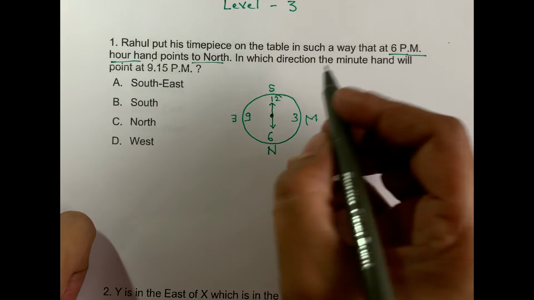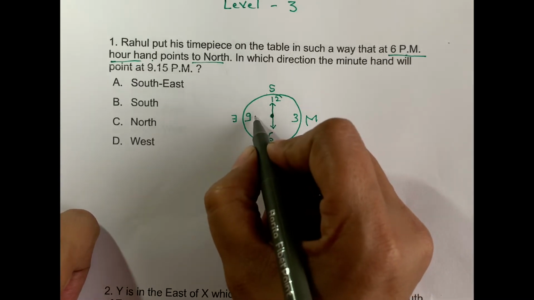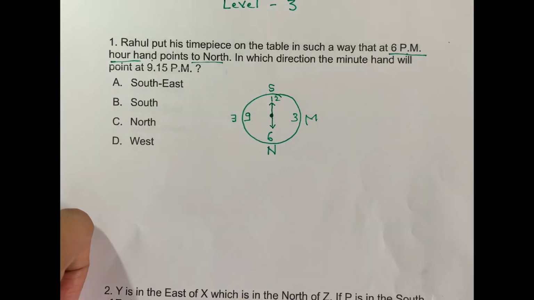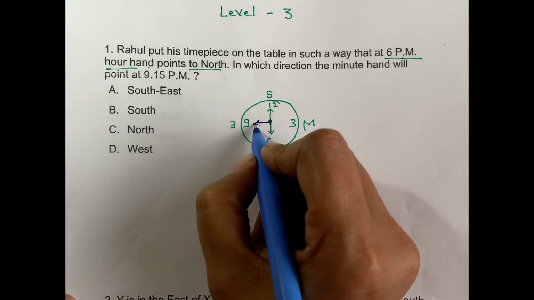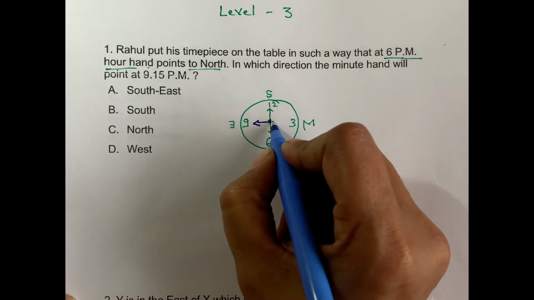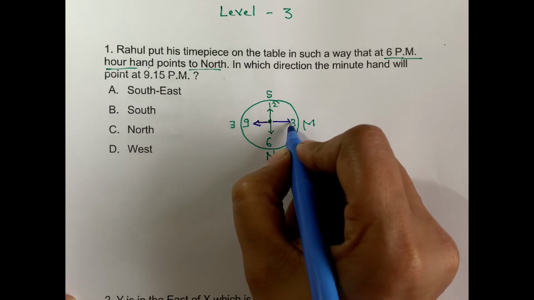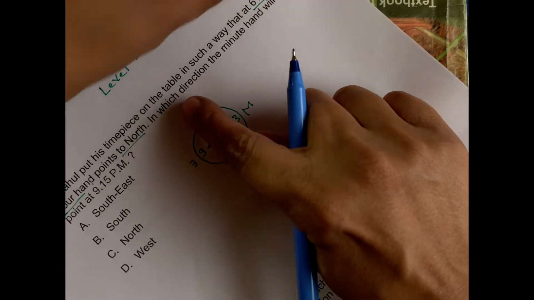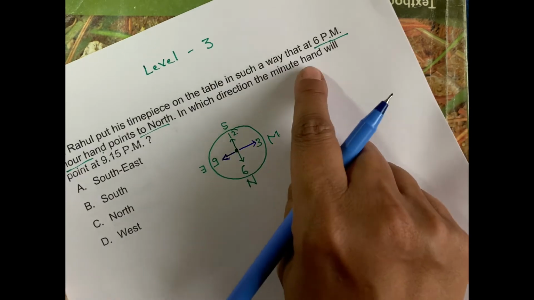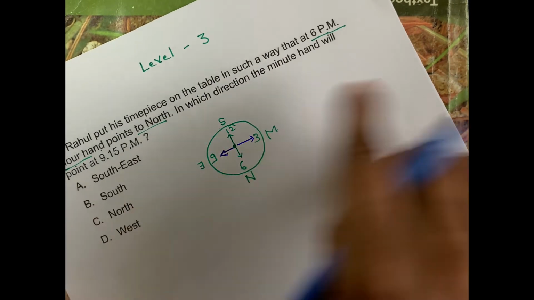So for 9:15, here is the hour hand and at 9:15 here will be the minute hand. So again we'll rotate it. Now, what they have asked in the question is in which direction the minute hand will point at 9:15.